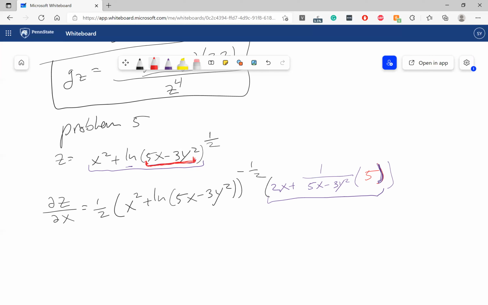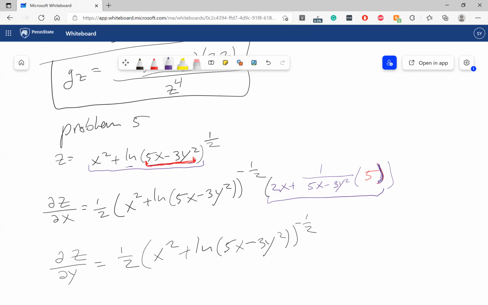Any questions? Okay, so let's do the derivative of this with respect to y. So partial of z with respect to y is going to be, well, the first part is the same. We get 1/2 x squared plus ln of 5x minus 3y squared to the negative 1/2.